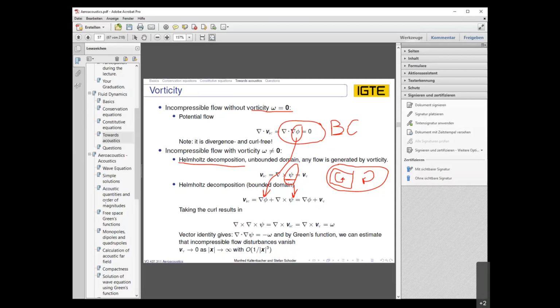Okay, was this clear for everyone? Okay, perfect. Then I draw here a red line on the slide.